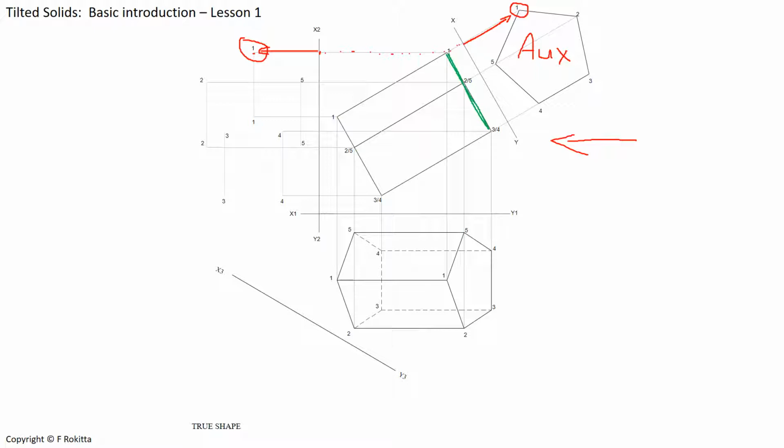Once we've completed all the 5 top points of our prism, we will move on to the bottom of our prism, and we will need to carry over all the base points of our prism to the side view. Therefore, we are going to again start with number 1 and project the distance that we carry over from number 1 on our auxiliary view from the XY onto our side view.